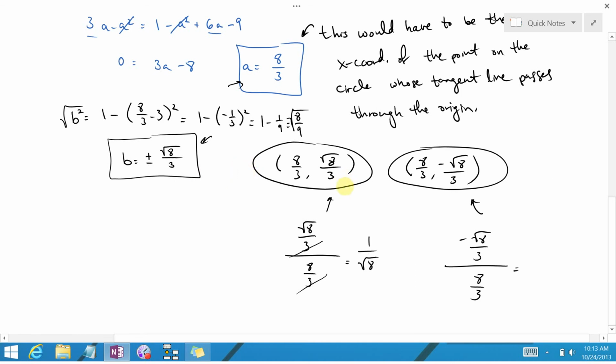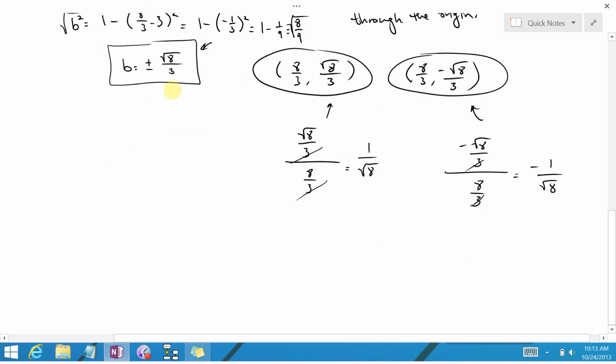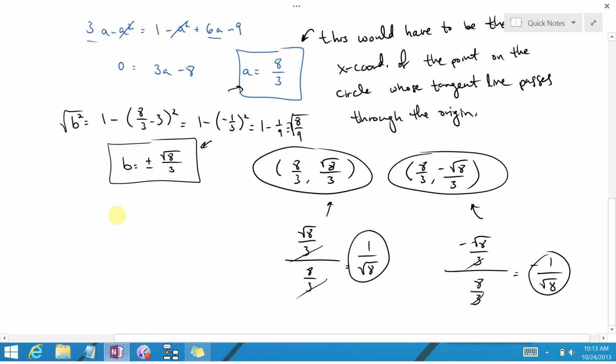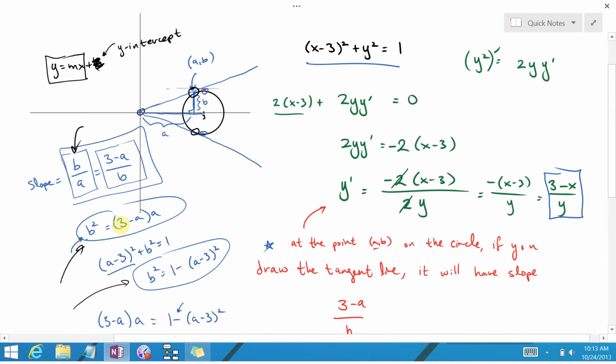Make sure I didn't make a silly algebra mistake. These cancel. This radical 8 cancels with one of that, and it becomes negative 1 over radical 8. So these would be the slopes then of the 2 lines passing through the origin. And like I said, that's all we need to know, because y equals mx, there's no y-intercept b.